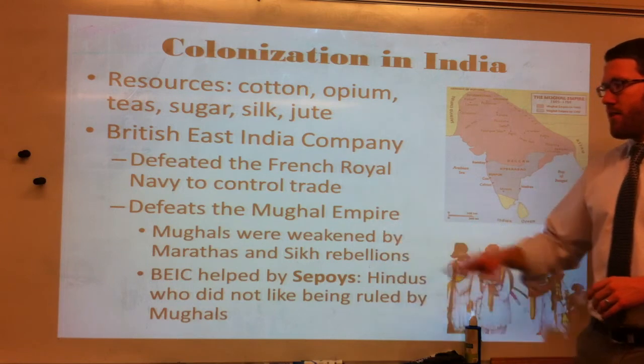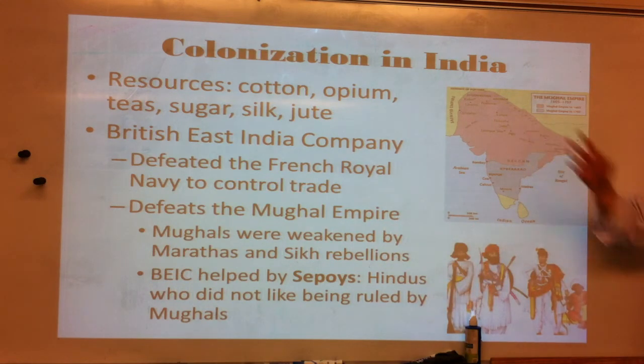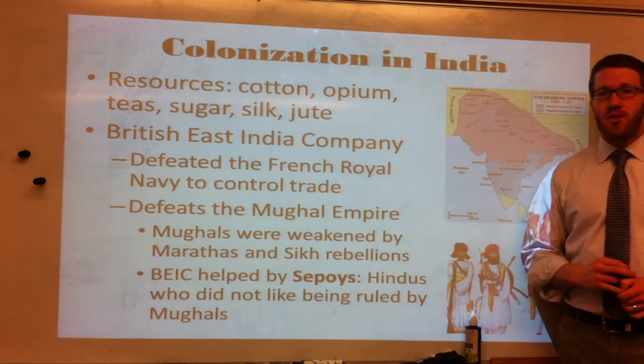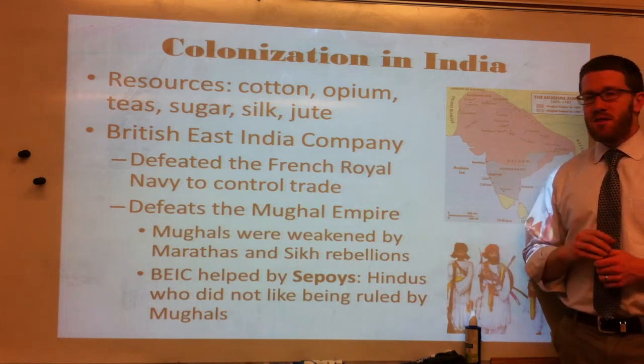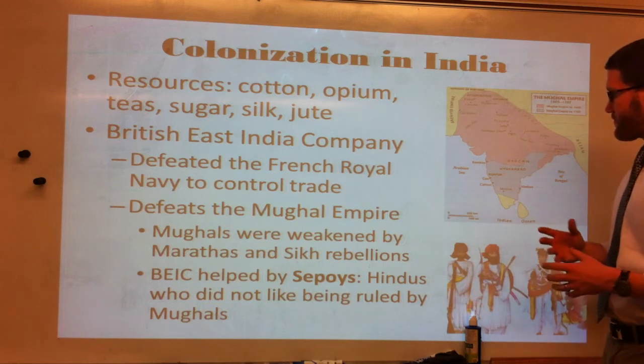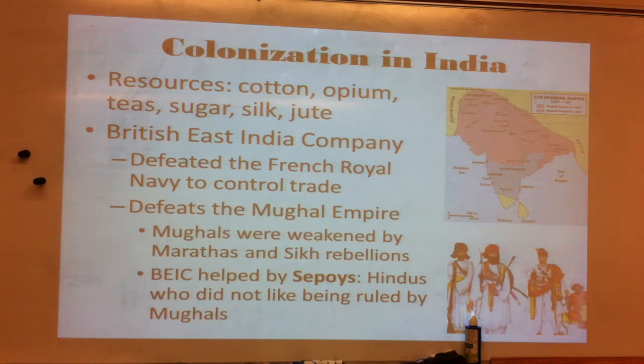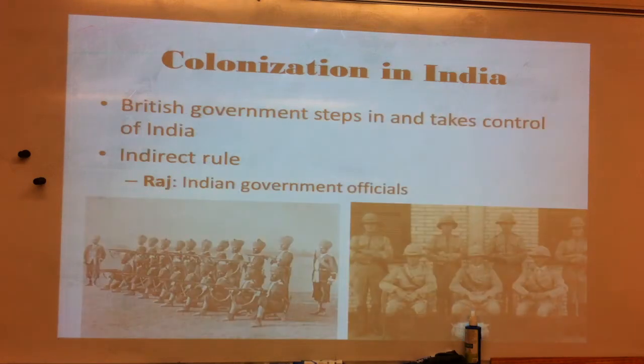The British East India Company conquers all of the Mughal Empire with the help of sepoys. The sepoys were Hindus who didn't like being ruled by Muslims, so they helped the British take over, going along with divide and conquer. Eventually, the British East India Company doesn't respect the sepoys.